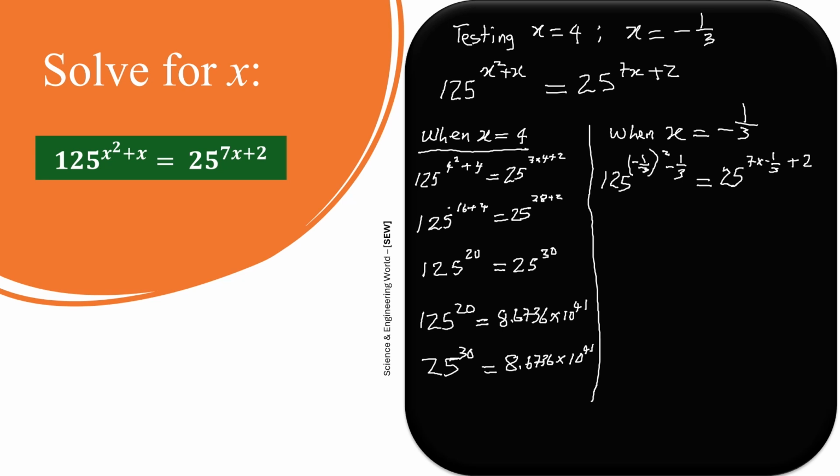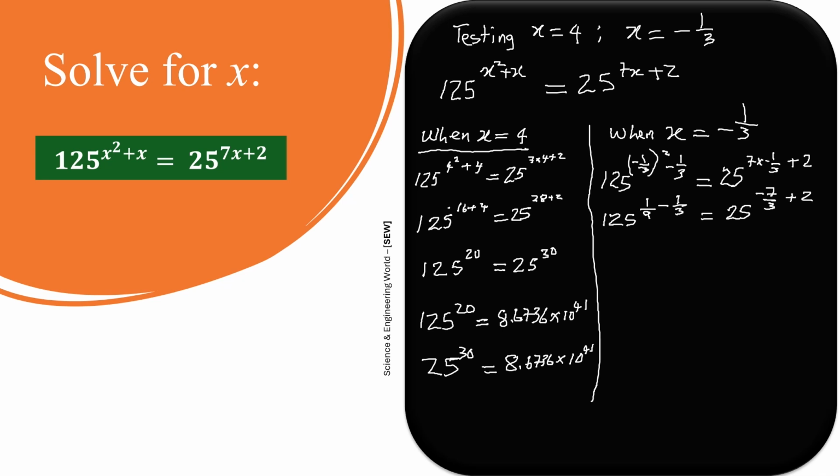We can write here 125 to the power of minus 1/3 squared, which gives us, minus times minus being plus, 1/9, minus 1/3, to be equal to 25 to the power of 7 times minus 1/3, which gives us minus 7/3, plus 2.